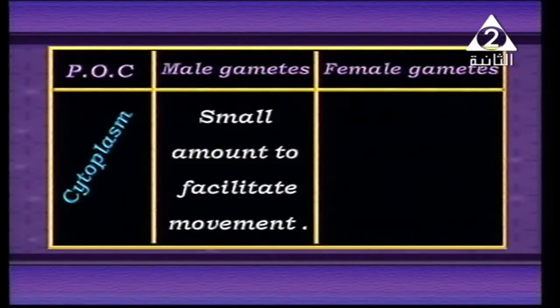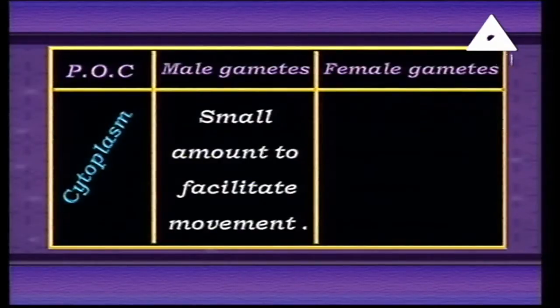The male gamete needs to move, sometimes like pollen grains in plants, which propagate in the air, so they need to be very lightweight. They don't need much cytoplasm, so the amount of cytoplasm here is very small to facilitate their movement more and more.